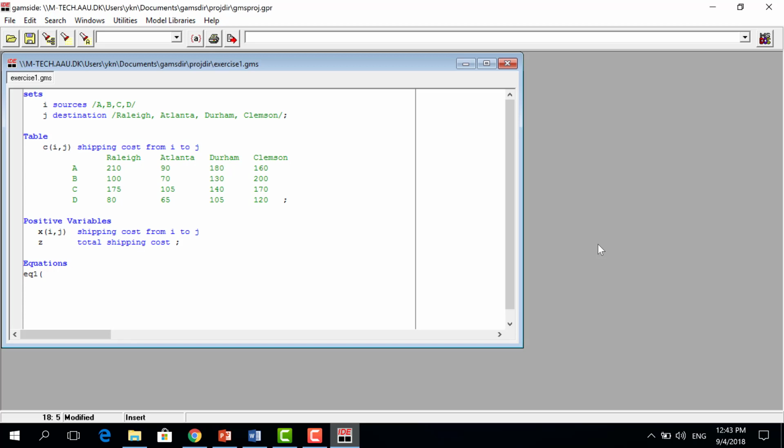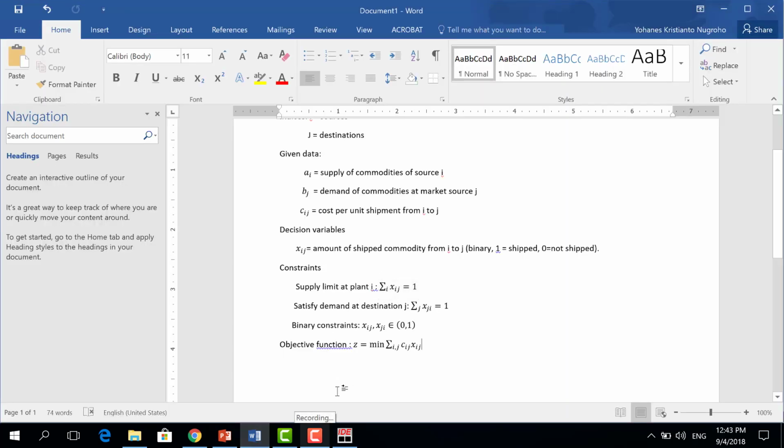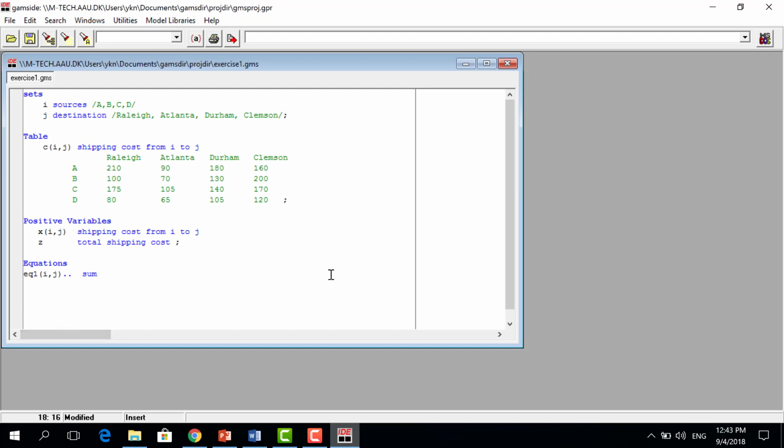What is involved in equation one: I and j, and we can put double dot, and we should put here summation of I. Okay, sorry, we have to put here equation 1, equation 2, equation 3, equation 4, and semicolon.